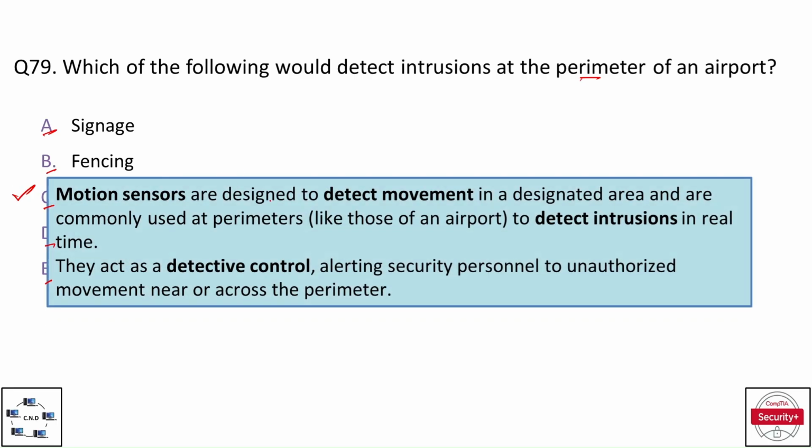The motion sensors are designed to detect movement in a designated area and are commonly used at perimeters like those of an airport to detect intrusions in real time. They act as a detective control, alerting security personnel to unauthorized movement near or across the perimeter.